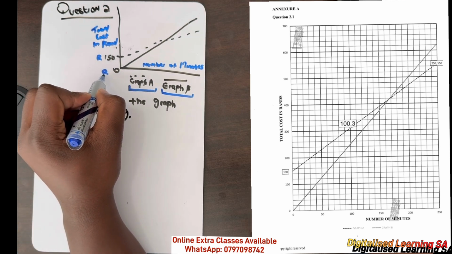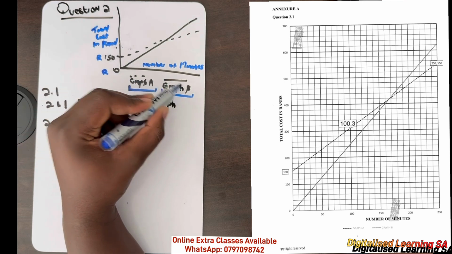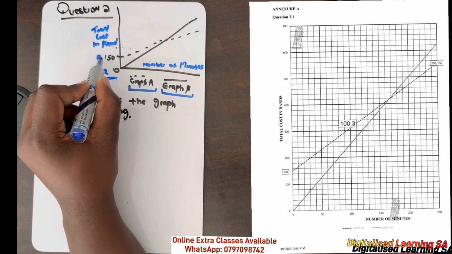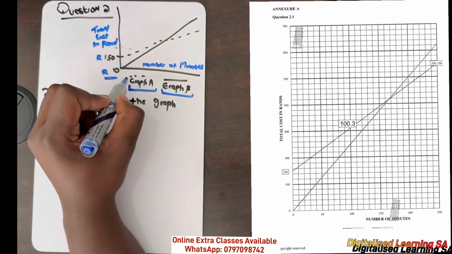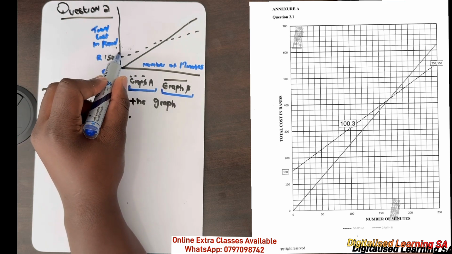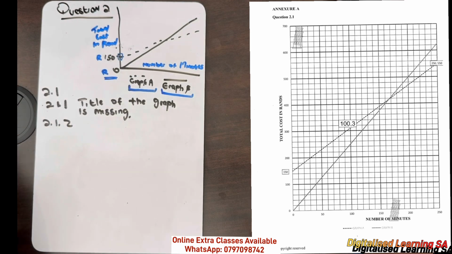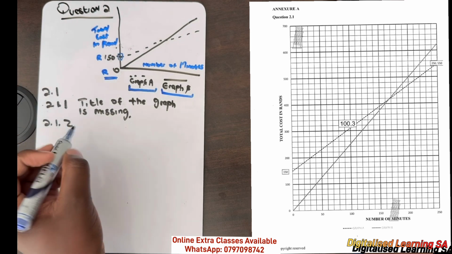If you use 0 minutes in a month for graph B, you will pay nothing. But for graph A, if you use 0 minutes, you will still have to pay the 150, meaning that graph A represents the contract option.